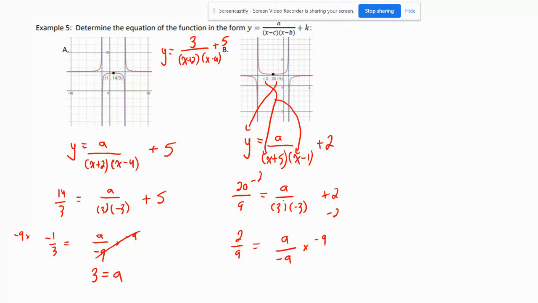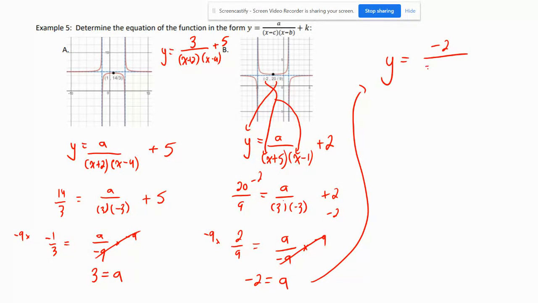Multiply both sides by -9. That means -2 equals a. And we get this one right here.